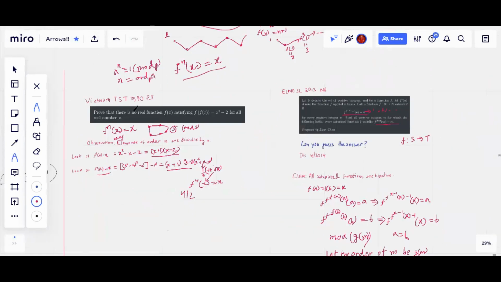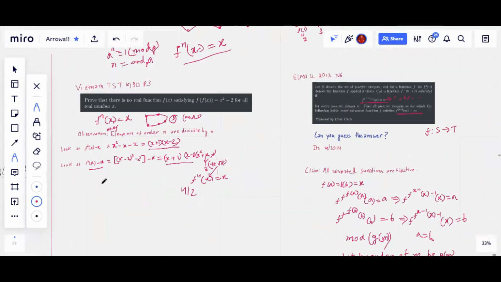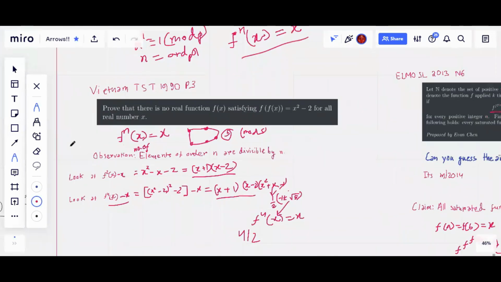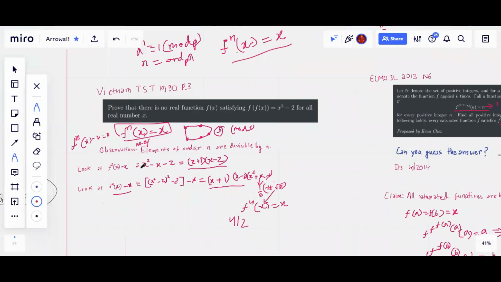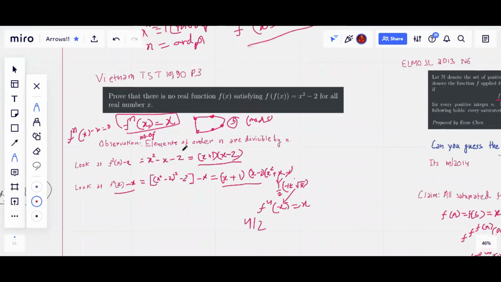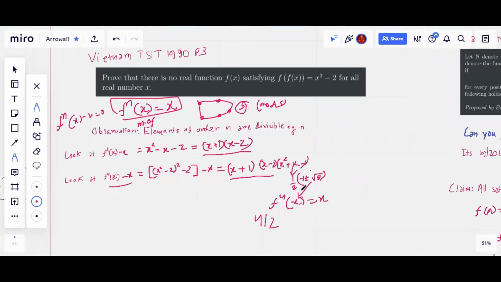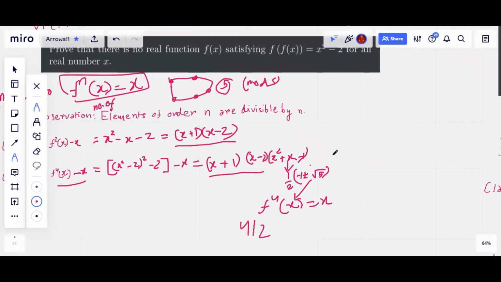In this problem, the idea was to look at f square of x minus x, because this is the definition of the order, and this is like polynomials and roots stuff which you might have learned in high school. So this is possibly a motivation behind this. And then the observation was that the number of elements of order n is divisible by n. But we have that only two elements have order 4. So 4 divides 2, which is a contradiction.